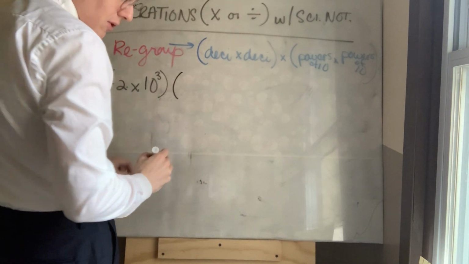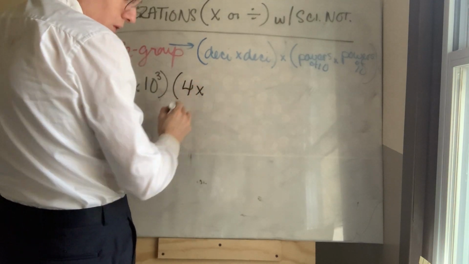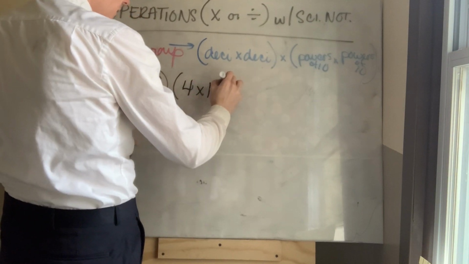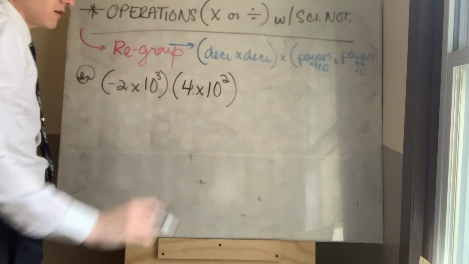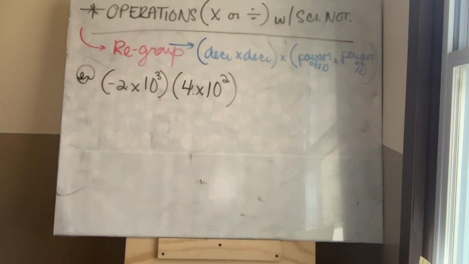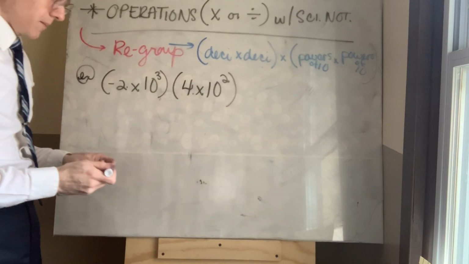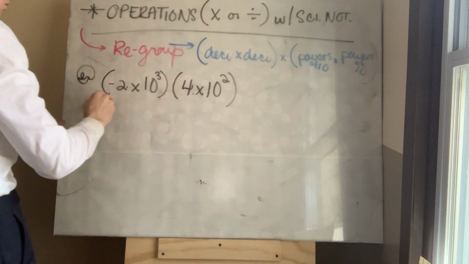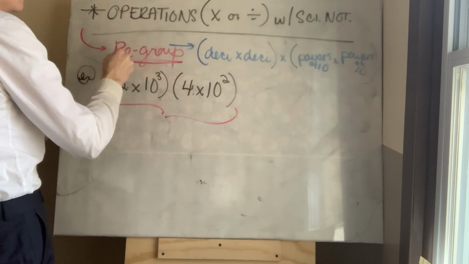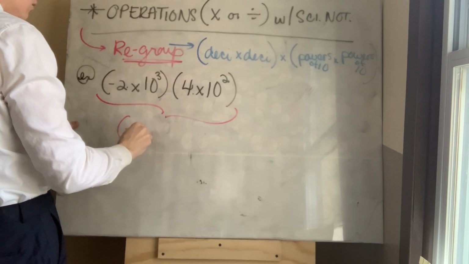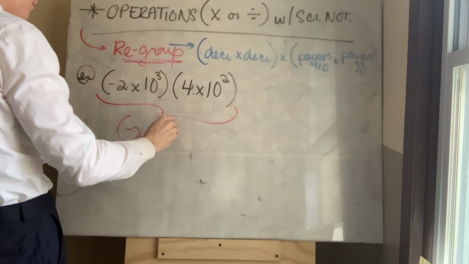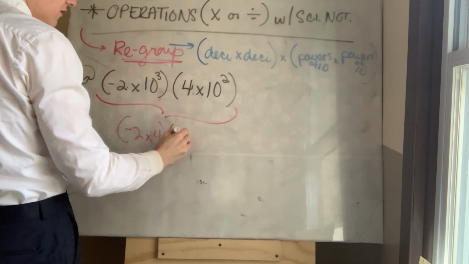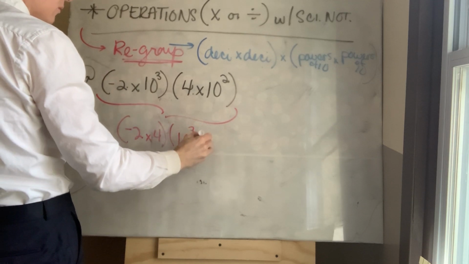And then in the second parentheses adjacent, you have 4 times 10 squared. This is also technically scientific notation, it just lacks a decimal point. If it makes more sense to you, if it is a convenience, regroup. That is, put -2 together with 4, and 10 to the third together with 10 squared.